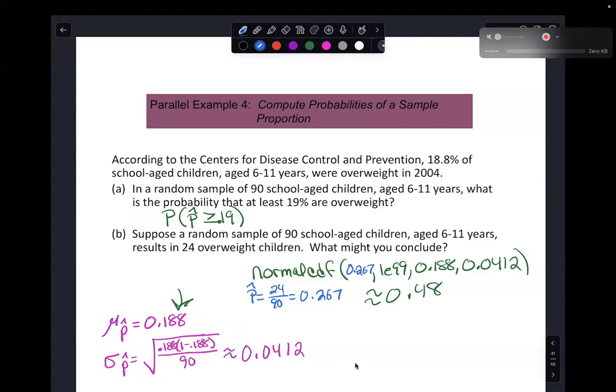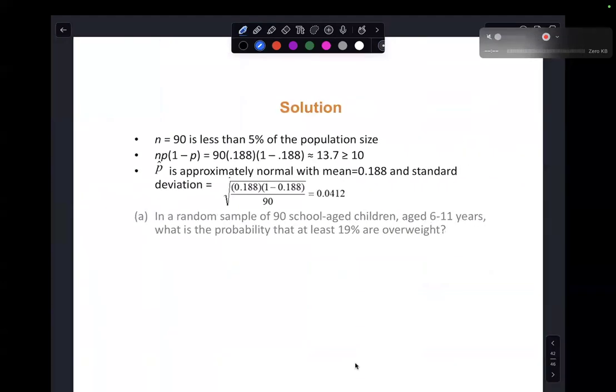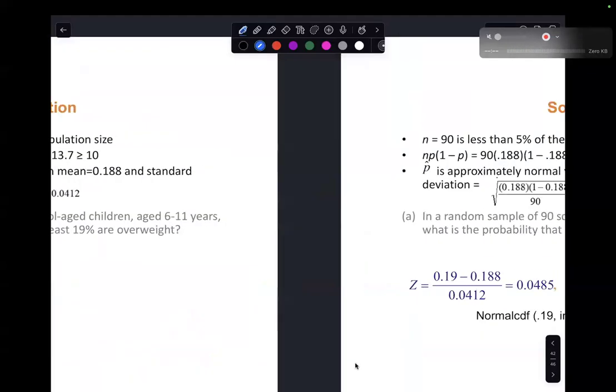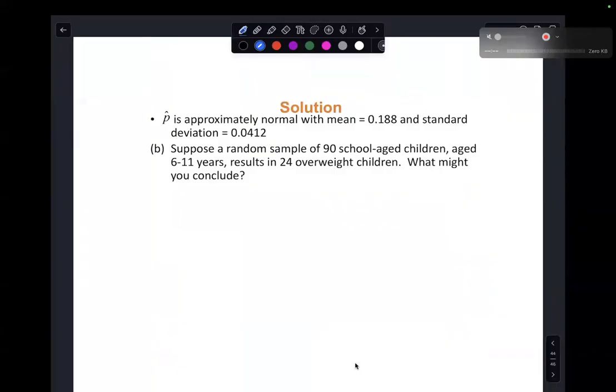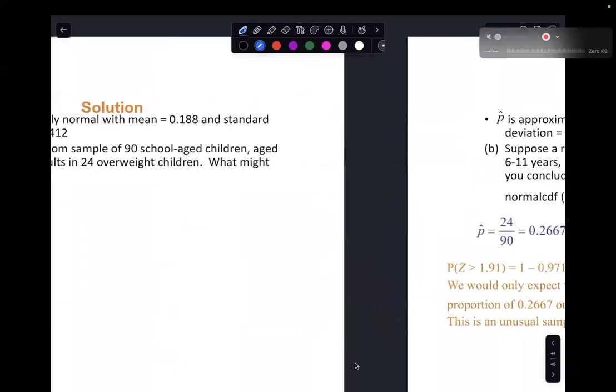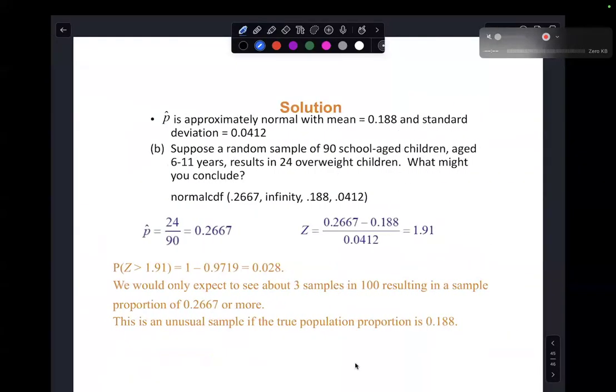All right. This one says, what did they speculate? Trying to see what they speculated. What might you conclude? Does it say something? We'd only expect to see about 3 in 100, resulting in a sample proportion of that or more. This is unusual. That's all it says. They didn't actually speculate.